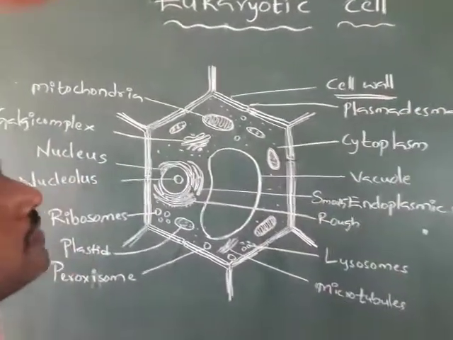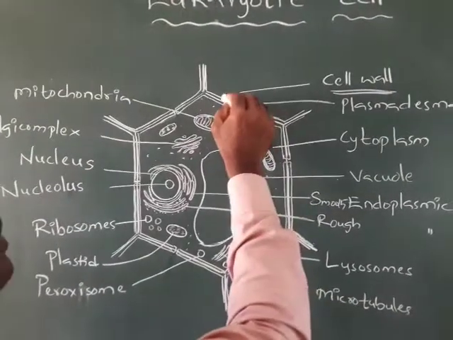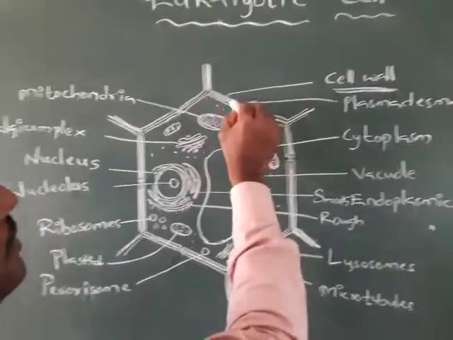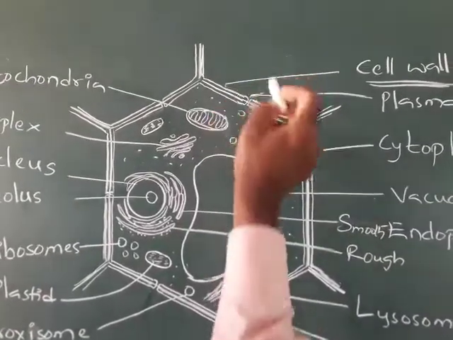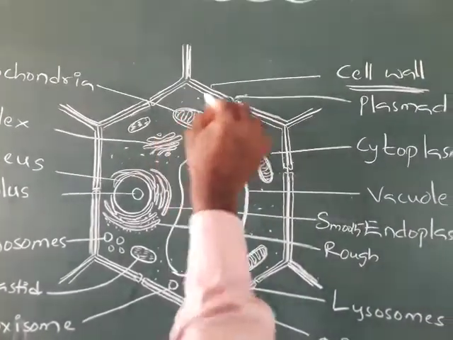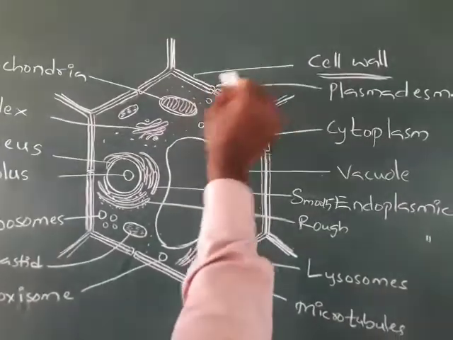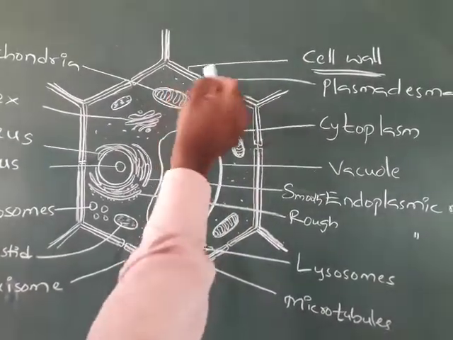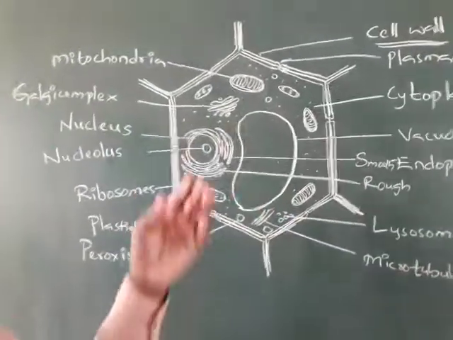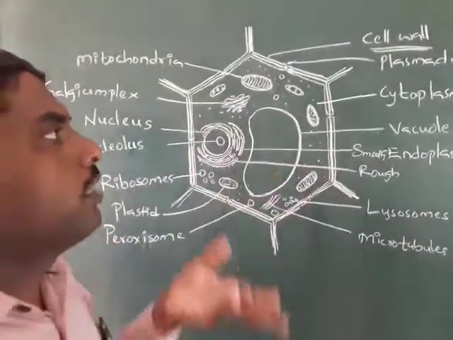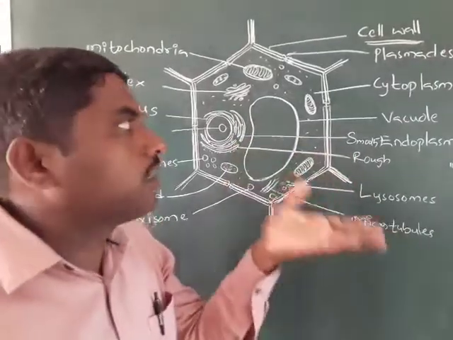The cell wall consists of the middle layer, the primary layer and the secondary layer. The secondary layer also has S1, S2, S3 layers. We will discuss that in the next class.